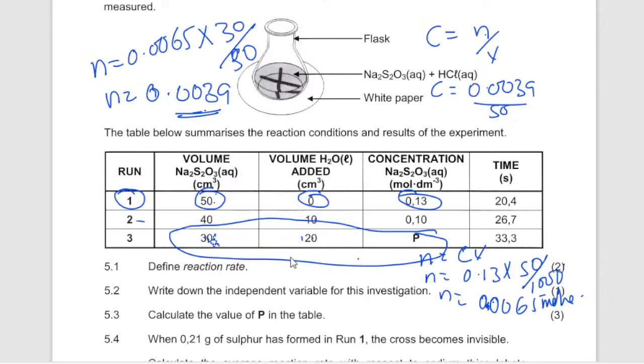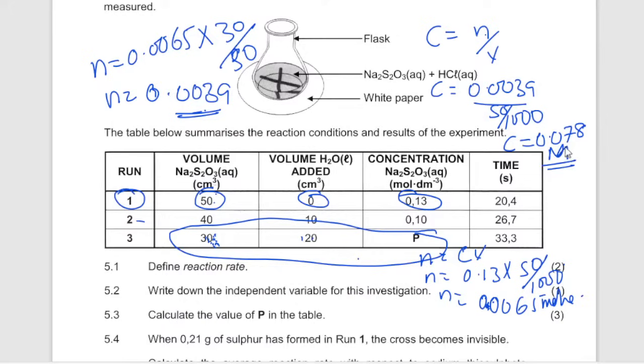But because I'm looking for concentration, this is 50 cubic centimeters, so I have to convert it into decimeter cubed, and then once you get here, it will be approximately 0.07, taking 3 decimal places, molar.